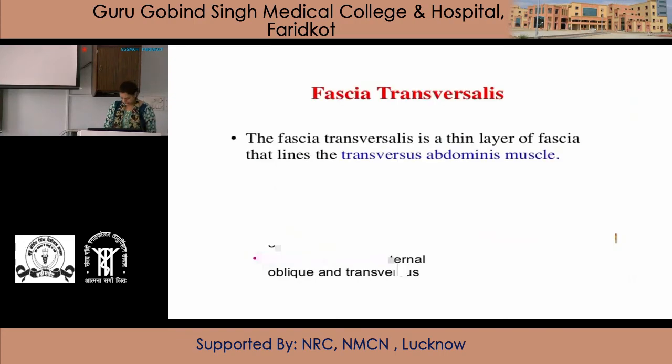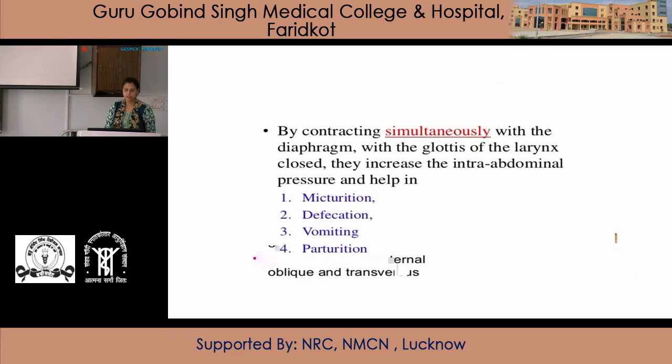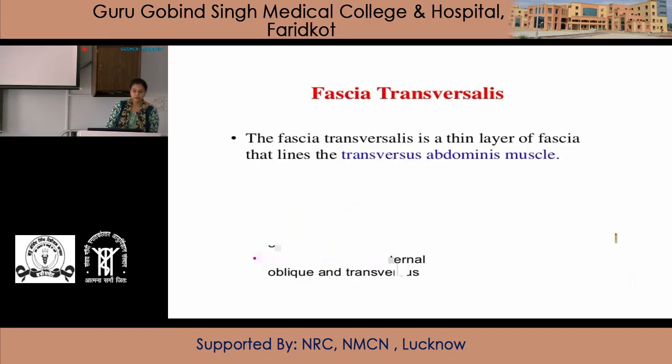Next is the fascia transversalis. So we have discussed the skin, superficial fascia, deep fascia, muscular layer and functions of the different muscles of the anterior abdominal wall. Next is the fascia transversalis. The fascia transversalis is a thin layer of fascia that lies deep to the transversus abdominis muscle.